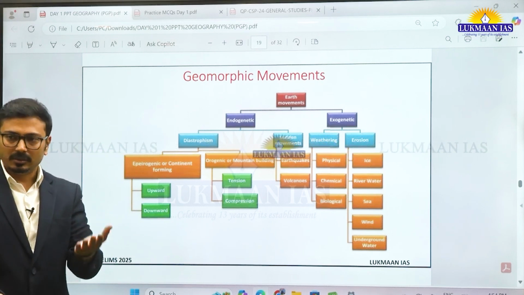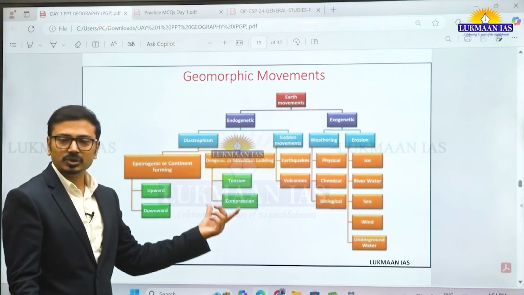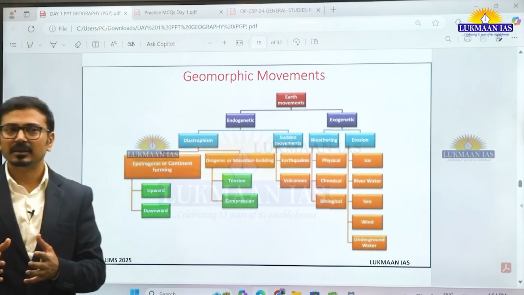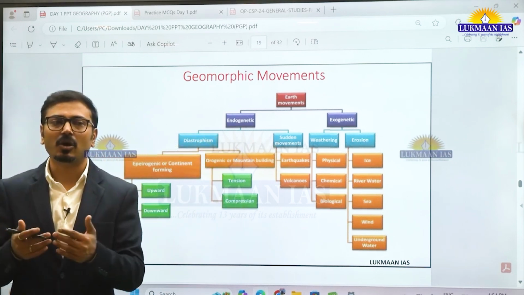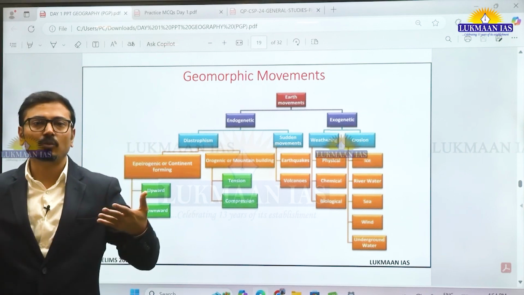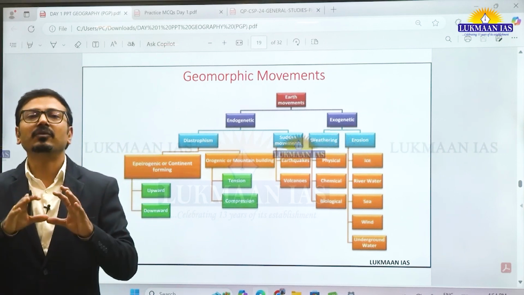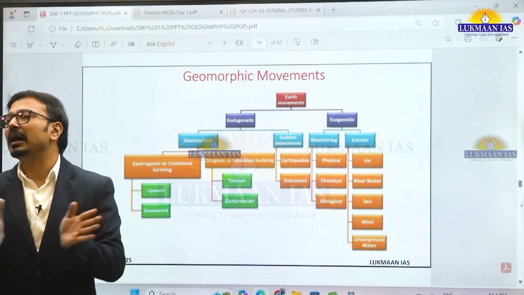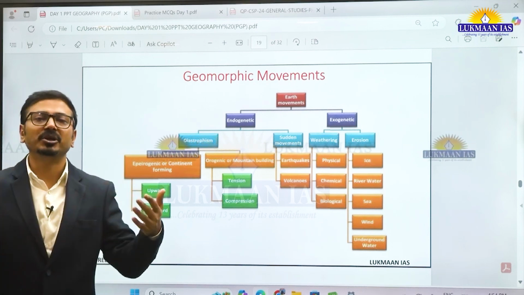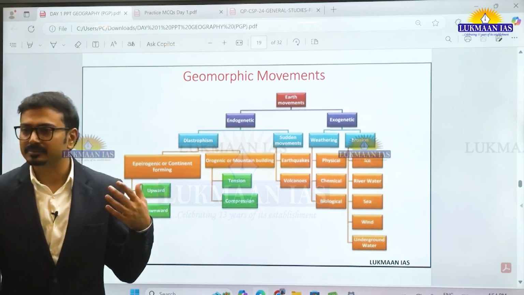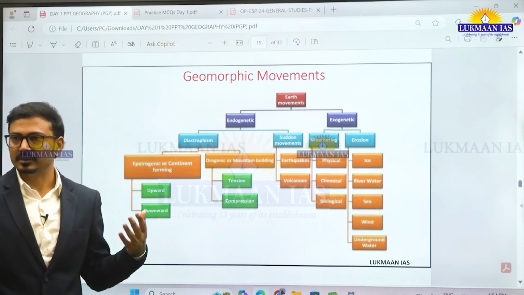Now here orogenic means mountain building processes, largely they are tensional or compressional forces. So that means when the rocks are moving towards each other, there will be formation of fold mountains. When they are moving away from each other, there will be formation of block mountains. This year's question, match the following. था ना question?